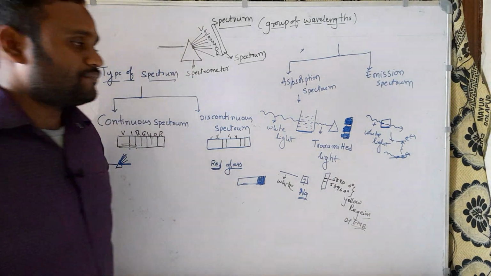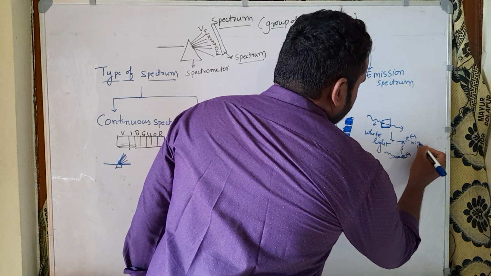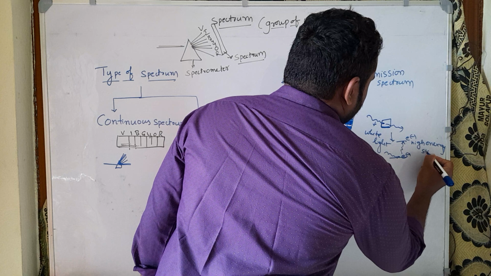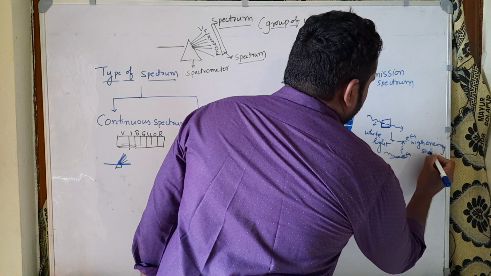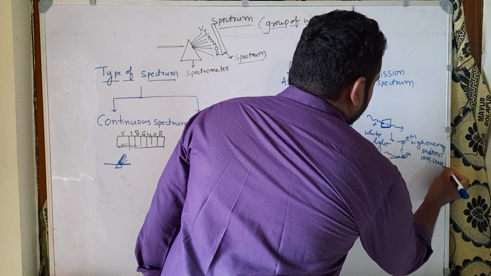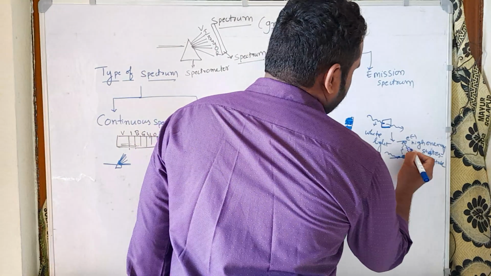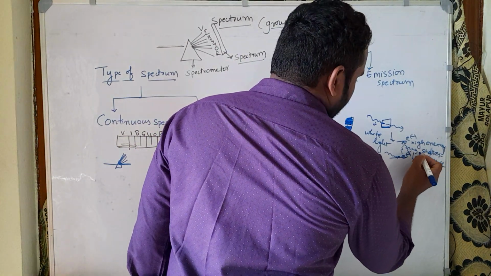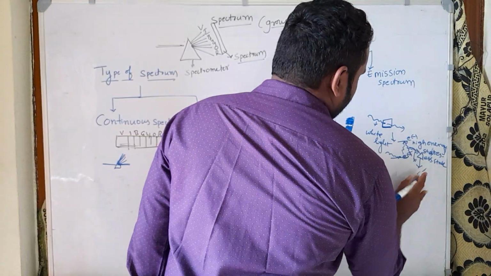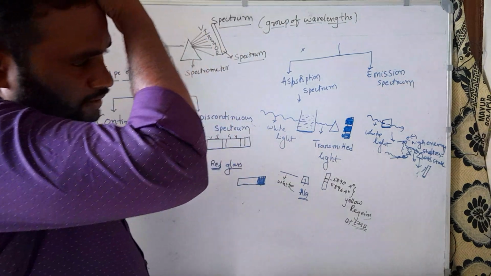And then the higher energy state is less stable. That's why again they return to the ground state. When they return to the ground state, they emit radiation, and we send this emitted light through a prism, and we get a spectrum or image of the light. So that is called what?